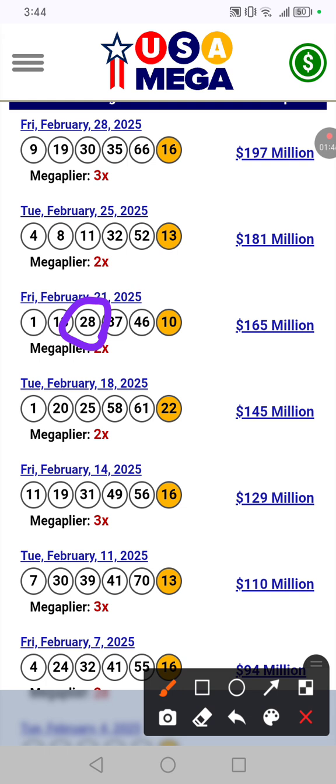The next draw after the 21st was on the 25th, and then the following draw was on the 28th. You see this 4 right here. The next draw after the 25th will be on the 28th, and then the next draw will be on the 4th.